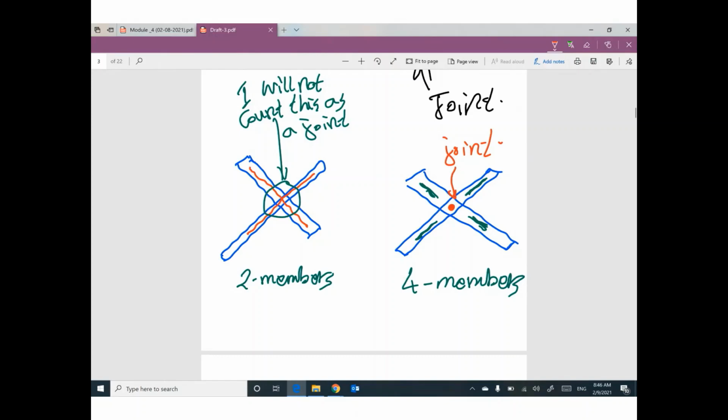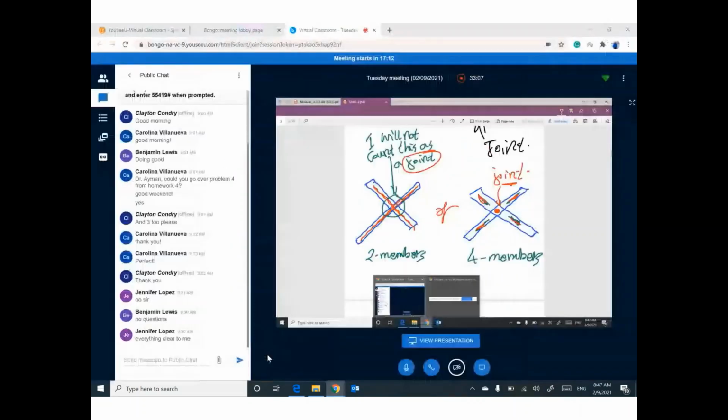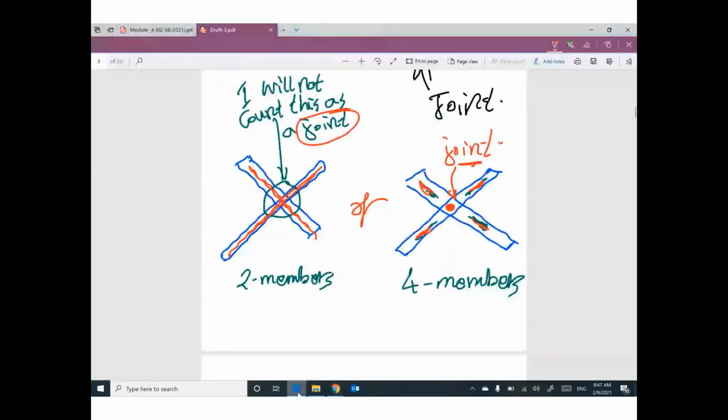You have 2 situations. Both of them work for any intersection. If you count this is a member, this is a member, this is a member, this is a member, this intersection will be counted as a joint. If you consider this is a whole member, this is a whole member, I will not consider this intersection as a joint. Any question, guys? If you have any question, please write your question or talk to me.